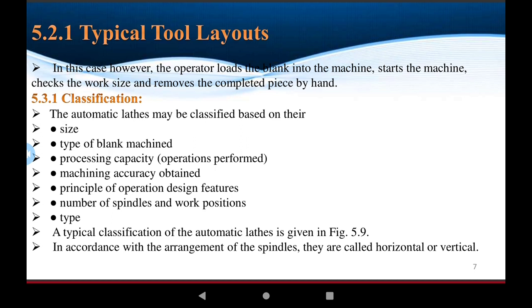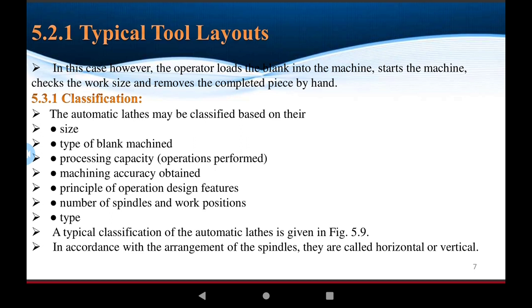Typically, all these types are classified as automatic lathe machines according to the arrangement of the spindle, horizontally or vertically.